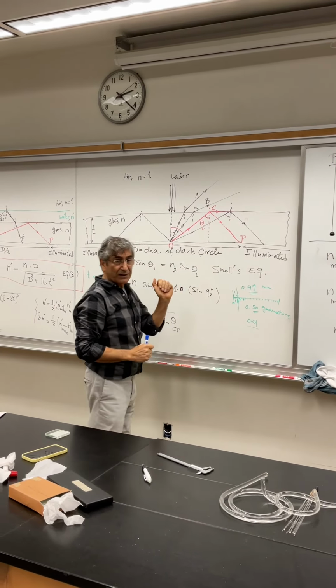Of course, this is circular, so from here to here, you're going to see a circular black area, and that's what we are going to measure. We measure this diameter. We also measure carefully the thickness, and then by equation 2 in your manual, you are going to get the index of refraction of the glass.